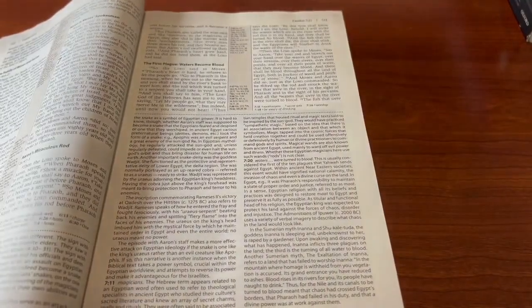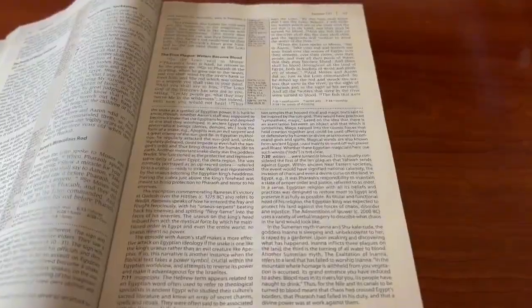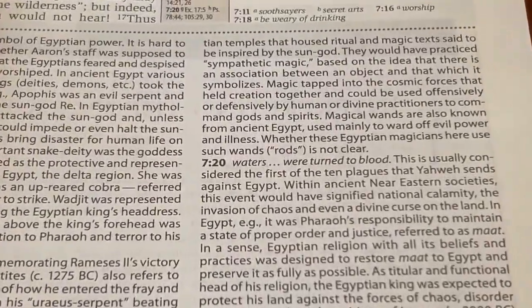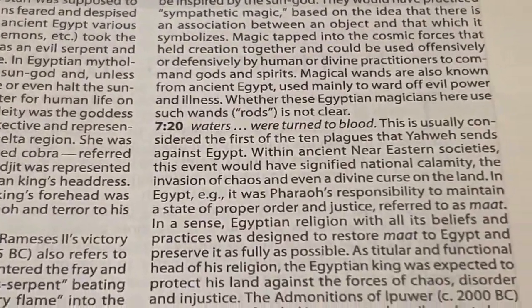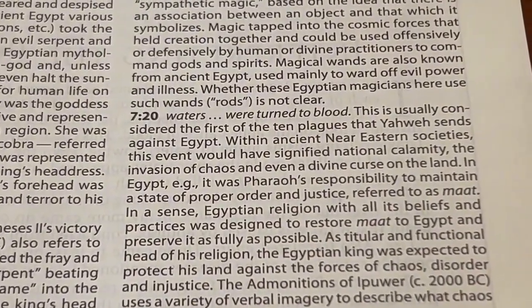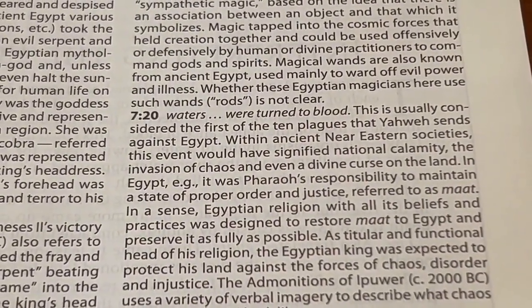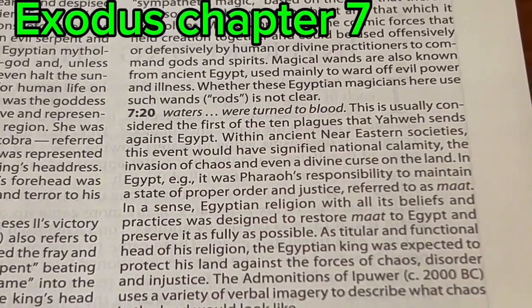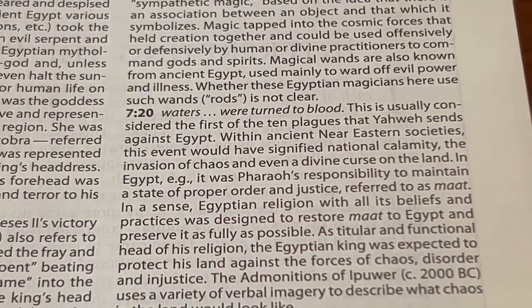So let's just open it up. Let's just show you. So this is what you'll find in this book. So let's just zoom in. So let's just look at just that. 7:20, waters will turn to blood. This is usually considered the first of the 10 plagues that Yahweh sends against Egypt.